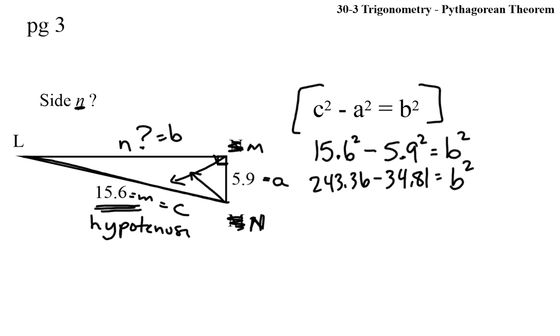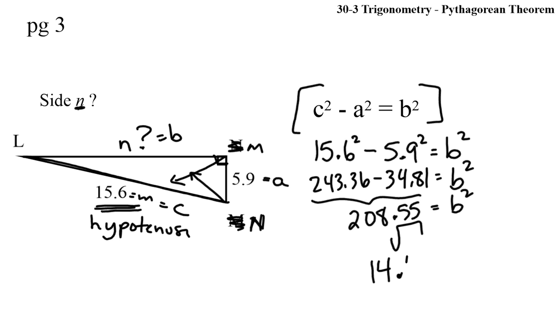And what's nice with this formula, we just do what it says, which is to subtract those two things. We get 208.55 equal to b squared, but always finish with your square root. And when we square root that, round to one decimal place, 14.4 is the length of B.